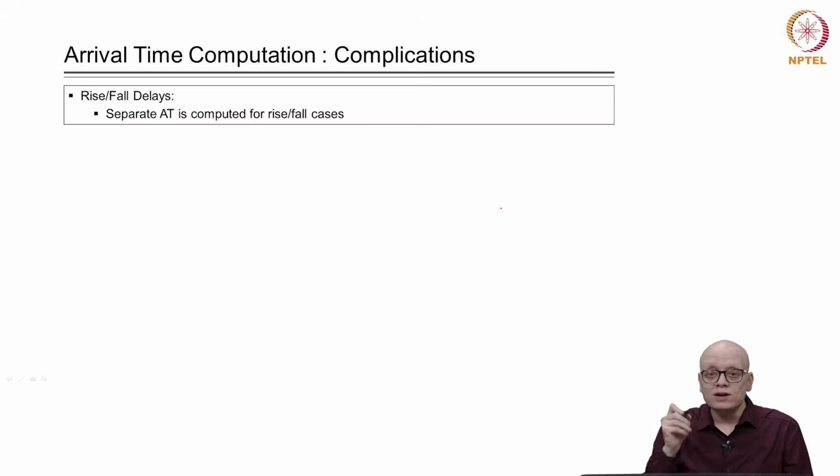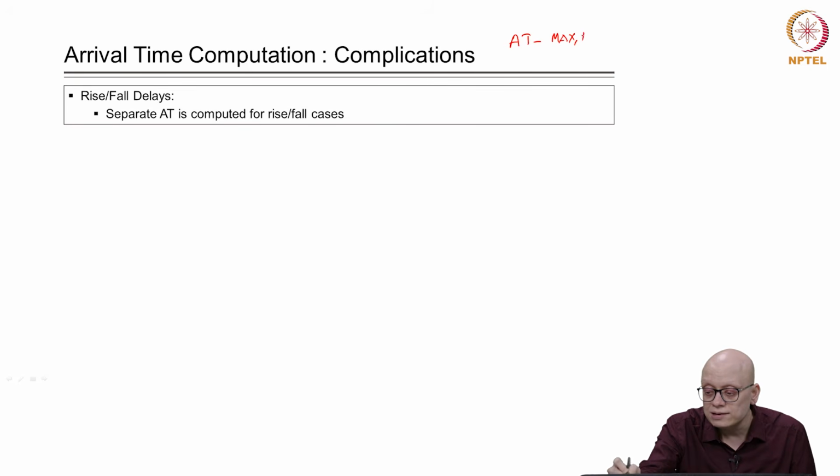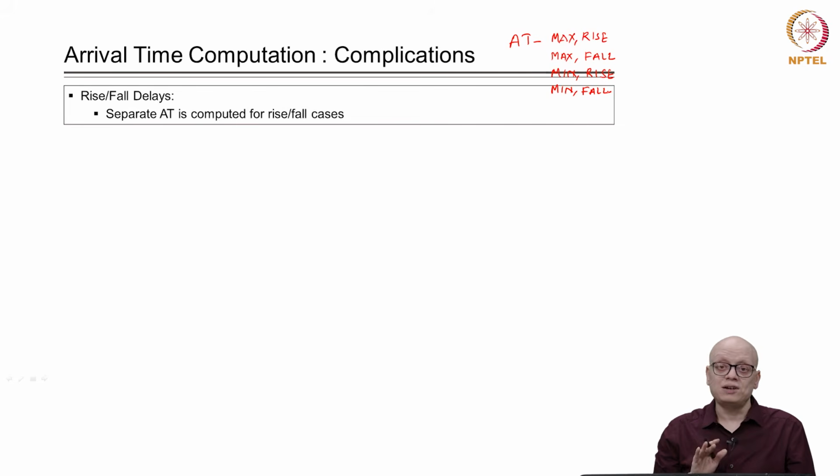So, given a vertex, we now have to compute 4 arrival times: arrival time maximum for rise, arrival time maximum for fall, arrival time minimum for rise and arrival time minimum for fall. So, at a given vertex we will have 4 arrival times.